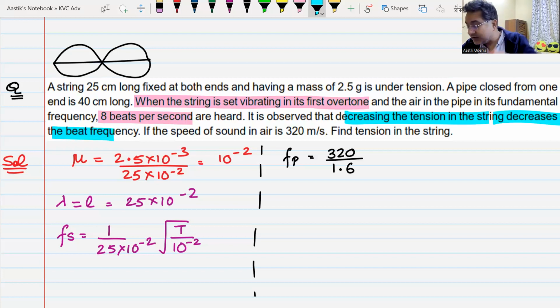So which frequency will be more? The string frequency is more or the pipe frequency is more? String, sir. String is more. So from that we understand that Fs minus Fp should be equal to 8.